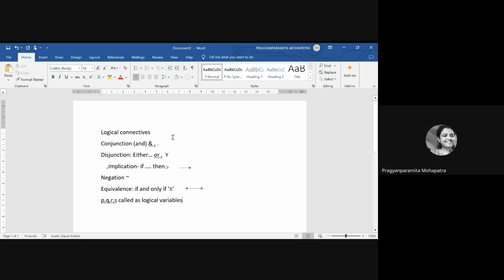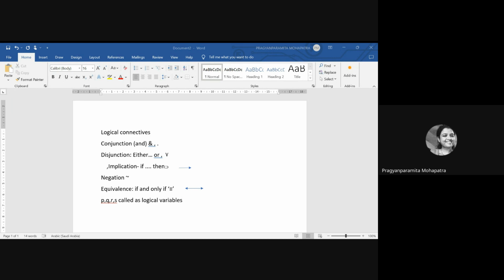Now let us understand the concept of truth value. What is a truth value? As we know, propositions are either true or false, so they have two truth values.